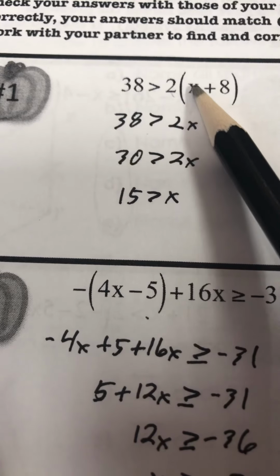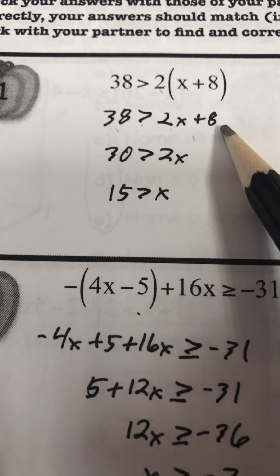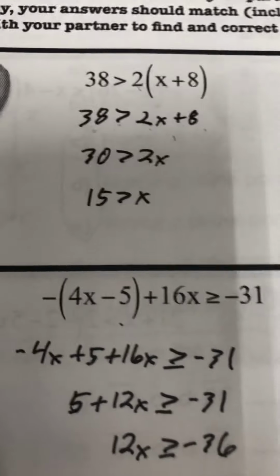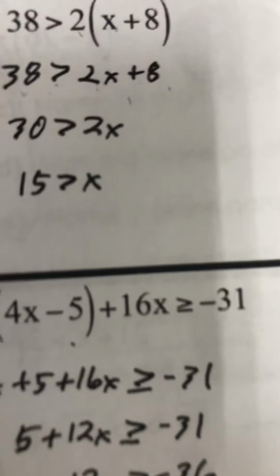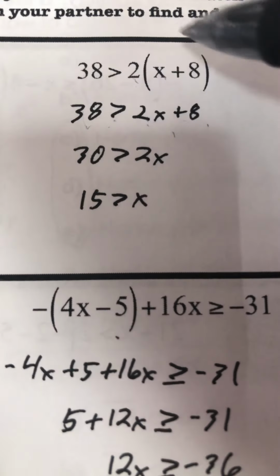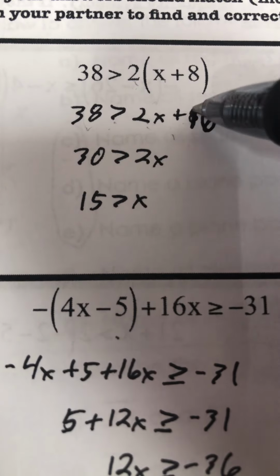I use the distributive property to get 38 is greater than 2x plus 8. Oh, wow, I see a mistake already, so good thing I'm going over this. Do you see the mistake? Okay, 2 times x is 2x. 2 times 8 is 16. What the heck am I doing there?